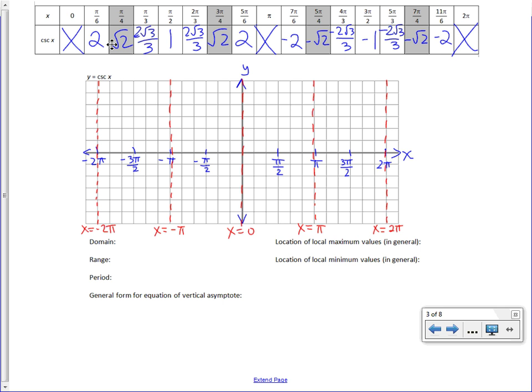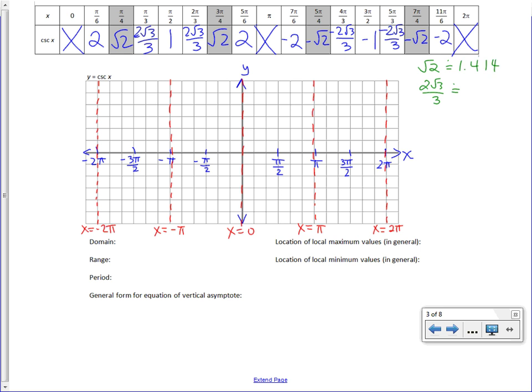Now, let's refresh our memory of what these two numbers really are. Because on a graph, I don't just know off the top of my head what root 2 is or what 2 root 3 over 3 is. So let's come up with an approximation just for our visual purposes. Root 2 is 1.414.